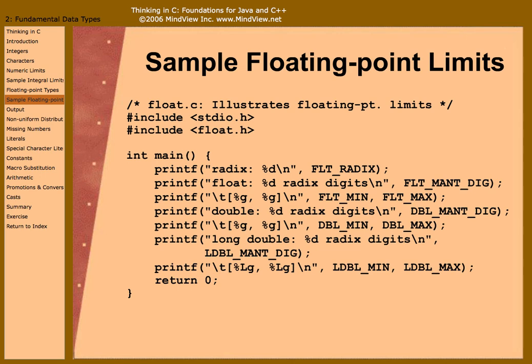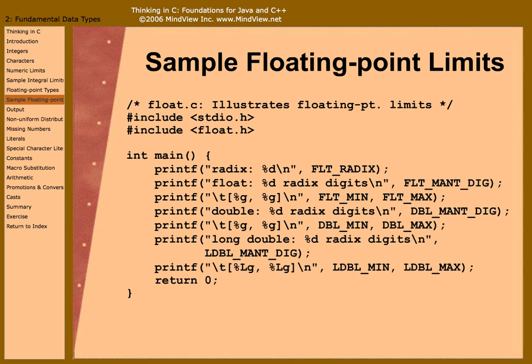Let's see, what's next? FLT_MANT_DIG. That gives you the number of digits, the size of the base part of the number. For the floating point type, that's what the FLT means there in the beginning. To see how many digits you get in the mantissa of a double, you print out DBL_MANT_DIG, and then likewise for long double there.